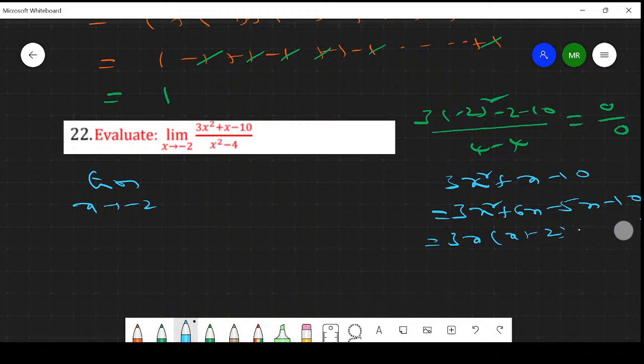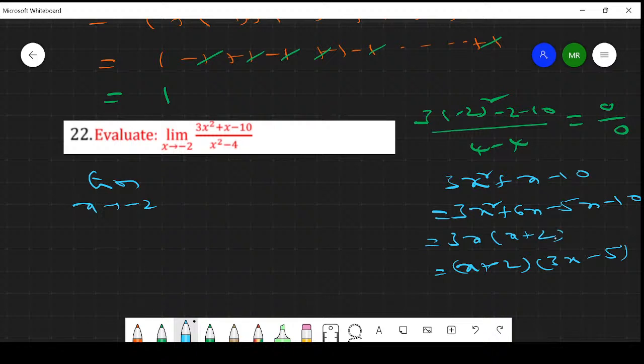Take minus 5 common here, it will be x plus 2. Again x plus 2 is common. If I take x plus 2, it comes x plus 2 into 3x minus 5.